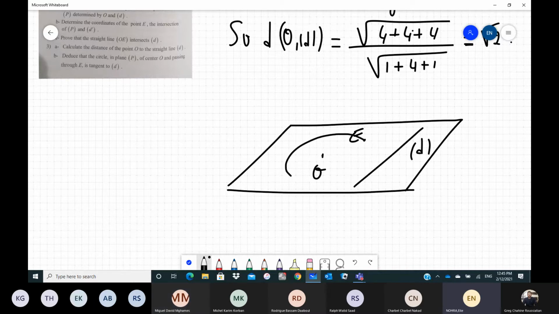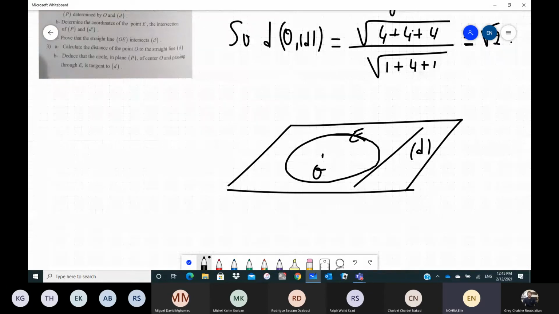So to prove that this circle is tangent to the line D, it's enough to prove what?